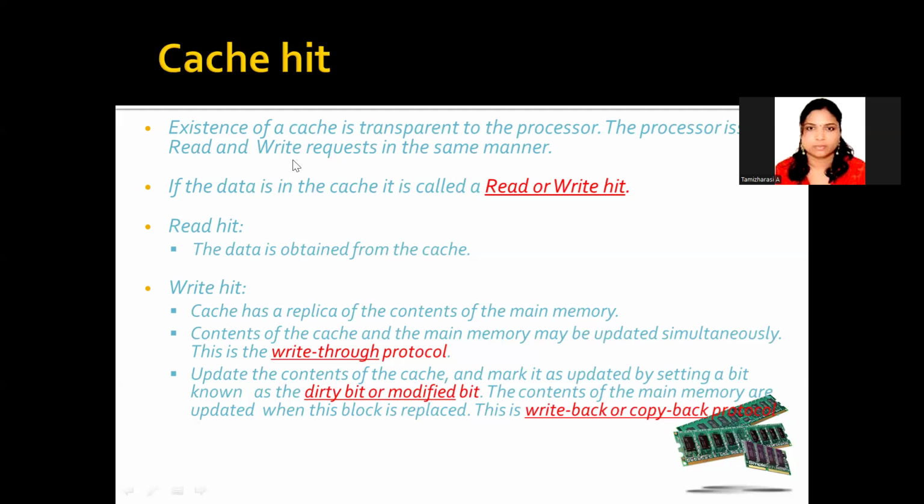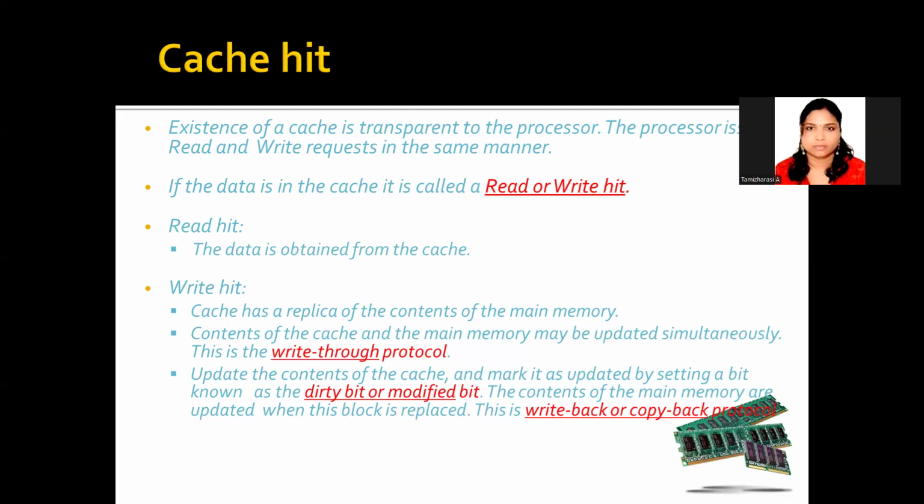In case of a read hit, the data will be read from the cache. In case of a write hit, we write the data into the cache memory. For example, you have a variable x, you have made some modifications to x, and you store the value back in the cache memory.